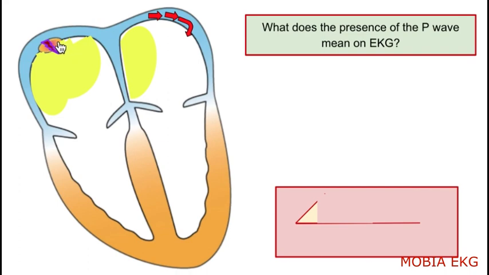But the electrical impulse has to move by Bachmann fibers through the superior part of the atrial tissue toward the left atrium, which of course takes time and is the reason for the delay in depolarization on the left side.